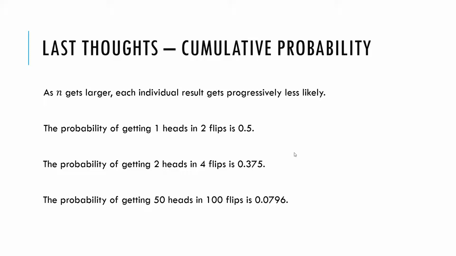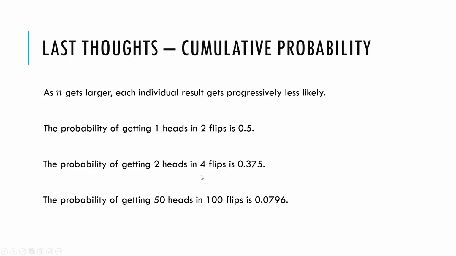You can check me on that by listing out all the possibilities. You can check me on that using the binomial probability formula, or you can just trust me. Similarly, if you do 4 coin flips, the expected value is 2 successes, because it's a 50-50 shot. 50% of 4 is 2. But the probability drops to 37.5%. It gets less likely, even though it's the same mean result.